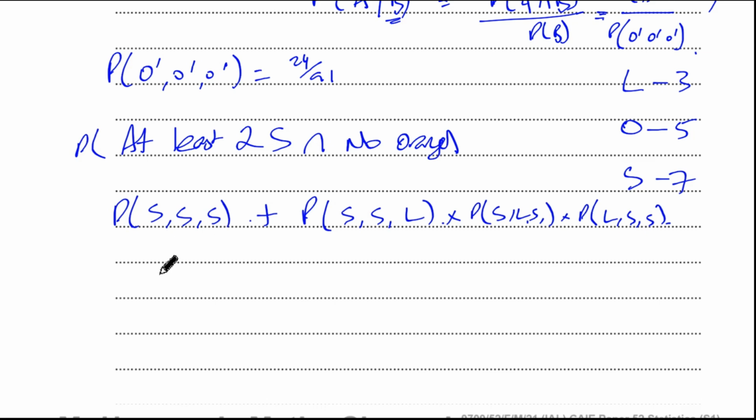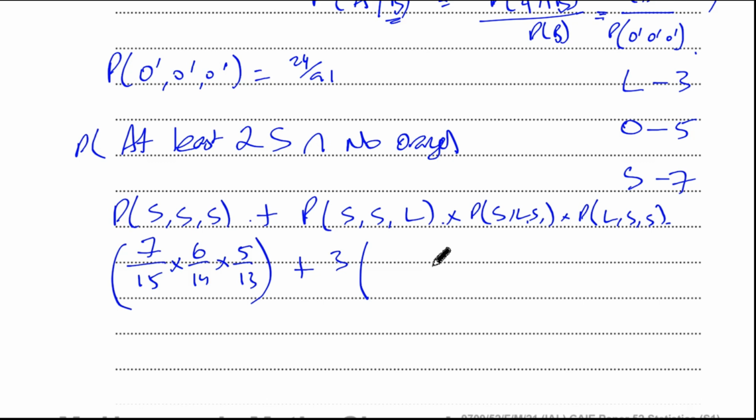So the probability of 3 strawberries: you have 7 out of 15 for the first. For the second pick, there are only 6 strawberries left out of 14. And for the third pick, there are only 5 strawberries left out of 13. Then you're going to have plus 3 times one of these. It'll all be the same, just in different places.